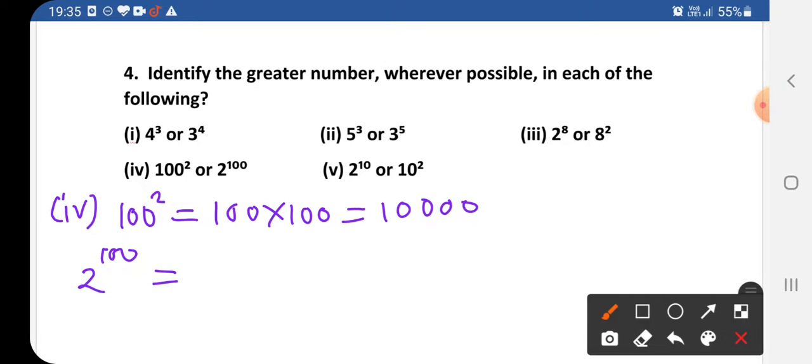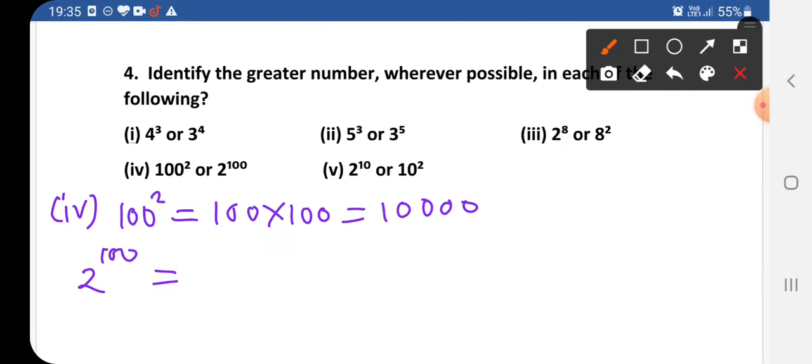It is very difficult to solve. Why? Because we have to multiply 2 with itself 100 times, which is not practical. Let's see, wherever we get greater than 10,000, then we will stop. If we do not get greater than 10,000, then we will say it is less.